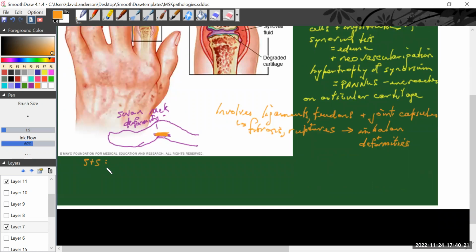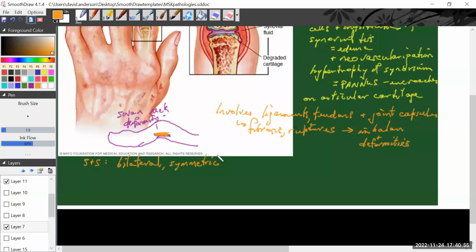So signs and symptoms in somebody with rheumatoid arthritis are going to be a little bit different, but they definitely overlap with all other forms of arthritis in general. But the classic presentation, and what makes it different than osteoarthritis, is that very often it's bilateral and symmetric. So if your thumb is involved on the right side, it's more likely that your thumb will be involved on the left side as well.